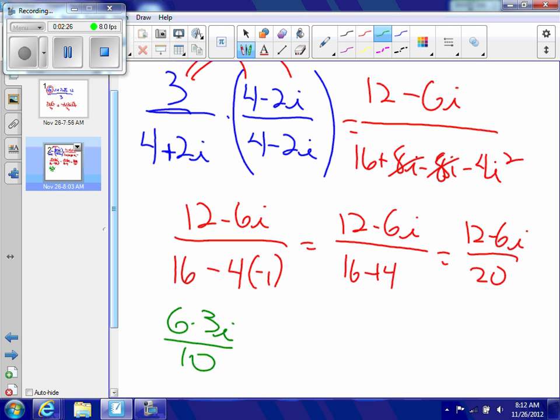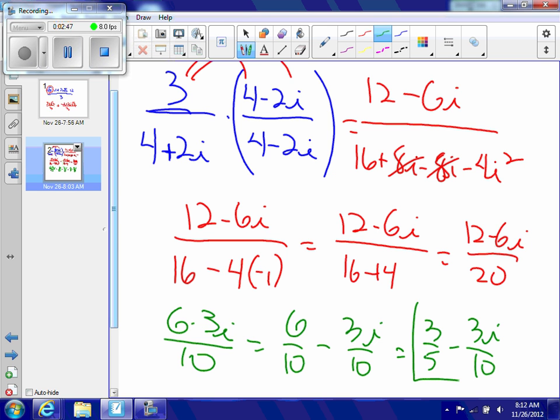And since I have to separate my imaginary piece from my real piece, that is the same thing as 6 over 10 minus 3i over 10, which is the same thing as 3/5 minus 3i over 10. So this is the proper solution to this simplification.